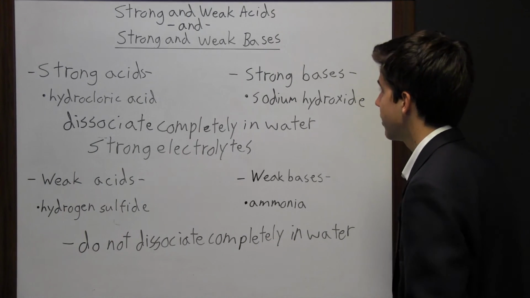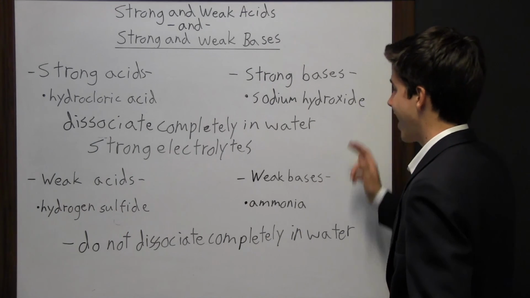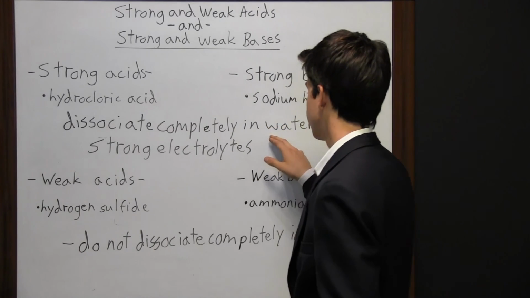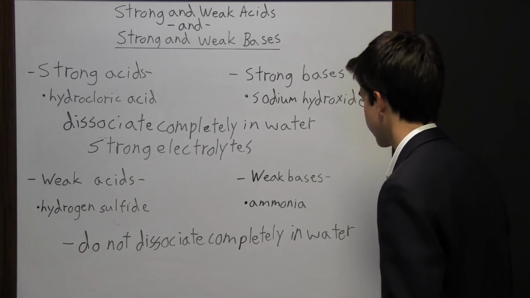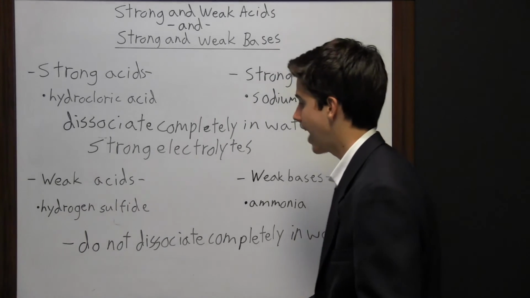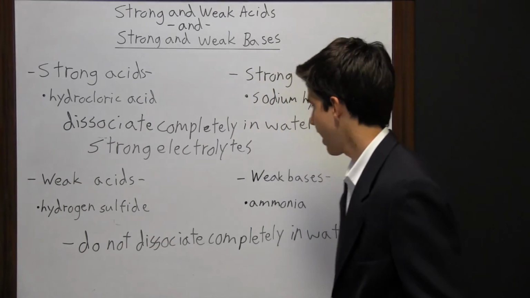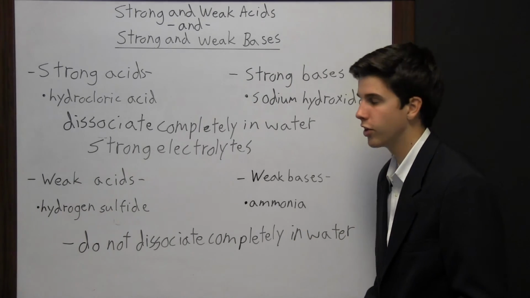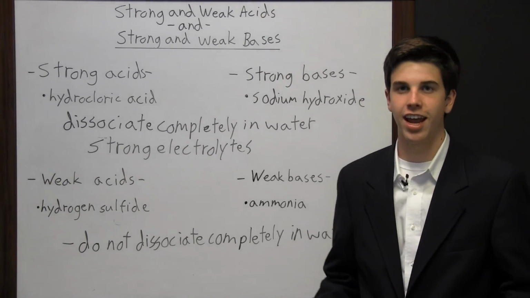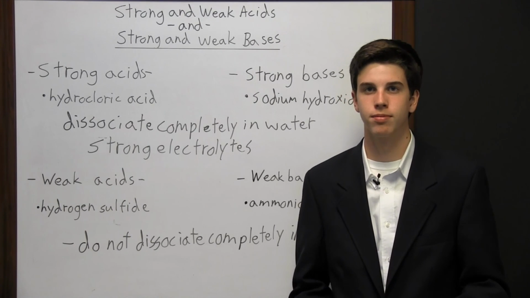So just stick with me here so you can remember the differences, that strong acids and strong bases do dissociate completely in water, but weak acids and weak bases do not dissociate completely in water. An example of a weak acid is hydrogen sulfide, and an example of a weak base is ammonia. So that's a quick overview of strong and weak acids and strong and weak bases.